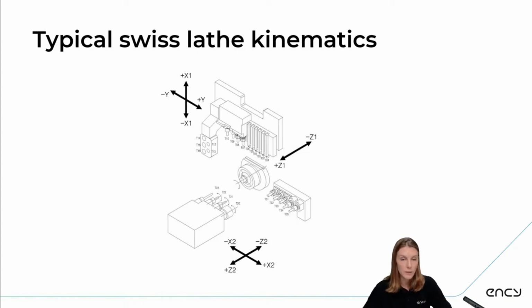In the typical Swiss lathe, we will have a main spindle, a sub spindle, a main gang with X and Y, a second gang, and maybe a swivel B axis. This kinematics and machine setup is pretty typical.